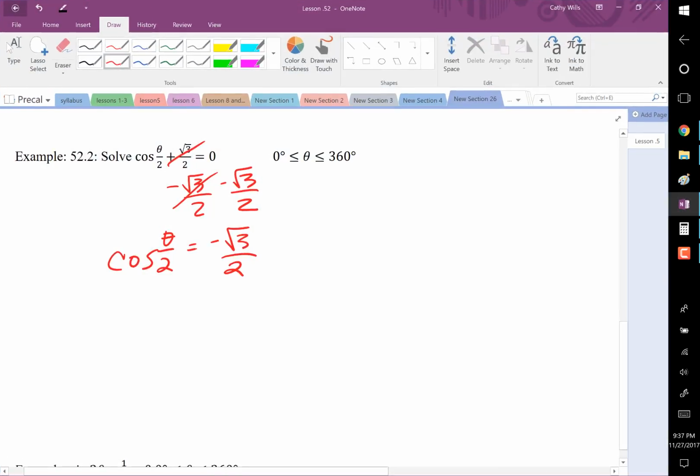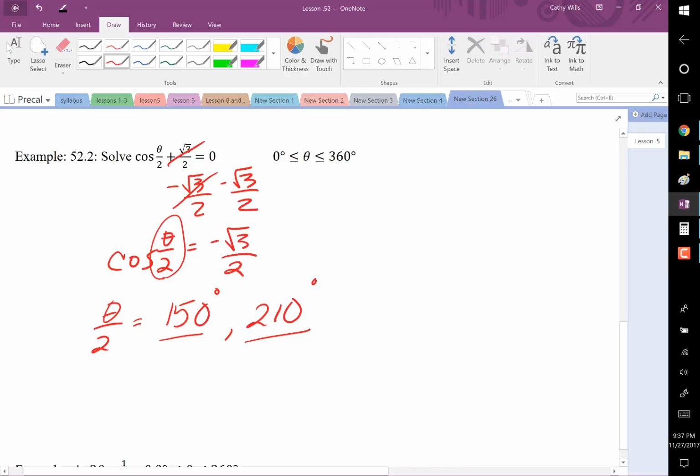So that means that theta over 2, okay, not theta, but theta over 2 is going to be 150 or 210, because cosine 150 is negative square root of 3 over 2, and cosine 210 is negative square root of 3 over 2. That means that this number that we want there has to be 150 or 210 to make that equation true.